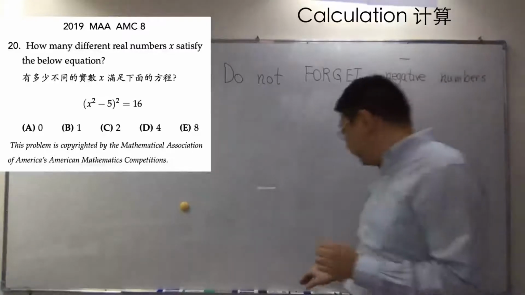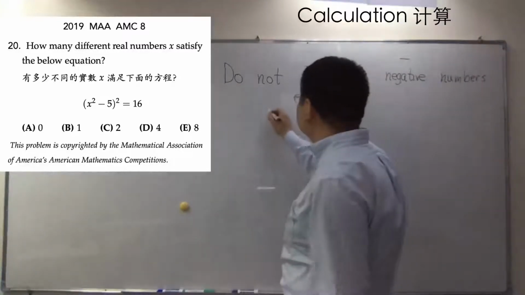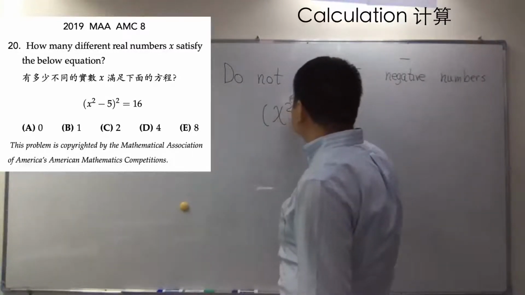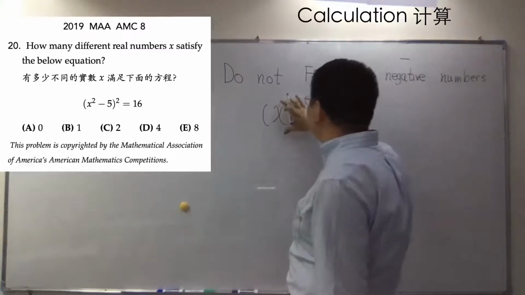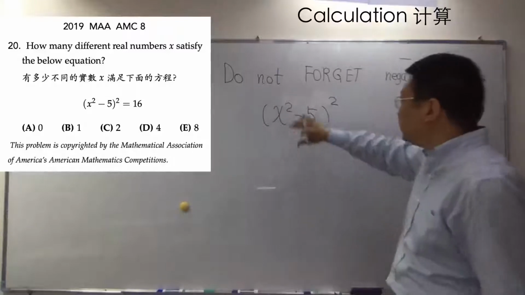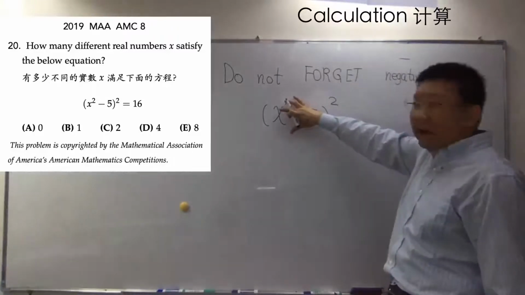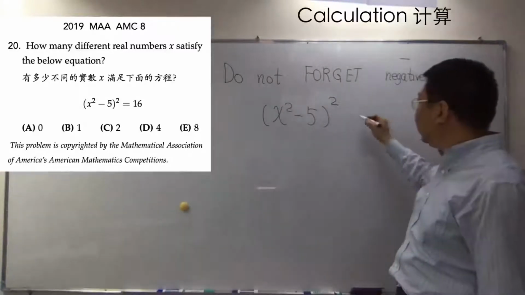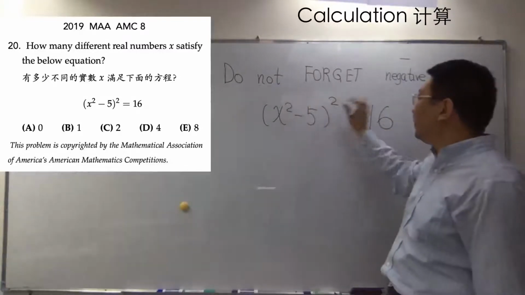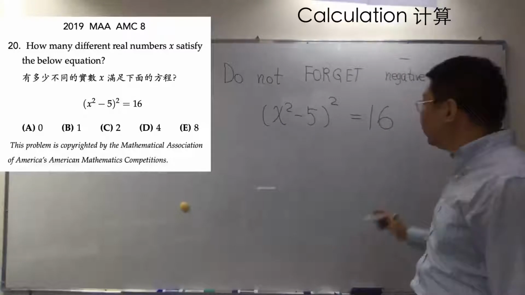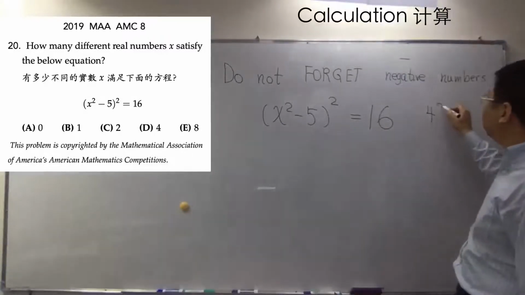So from the format of this equation, let's just close your eyes, just forget about x squared minus 5, just think it's something. So something squared is what? Is 16. Which square can be 16? Of course, 4 squared is 16.